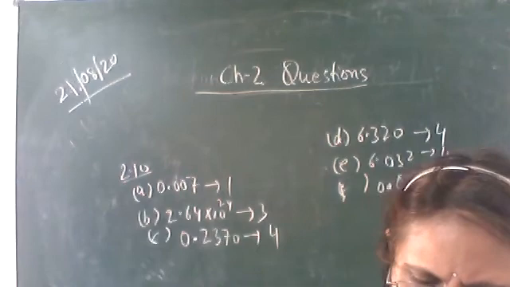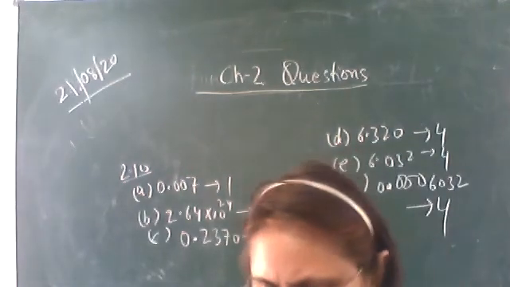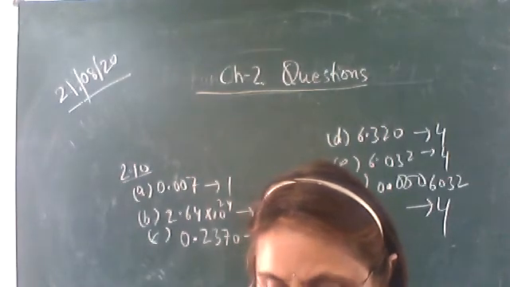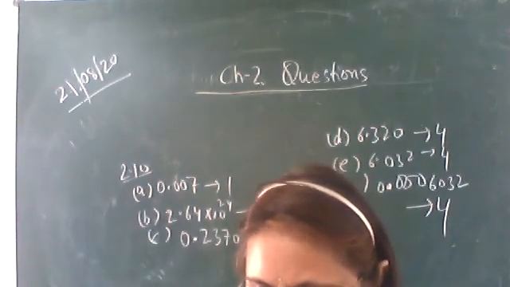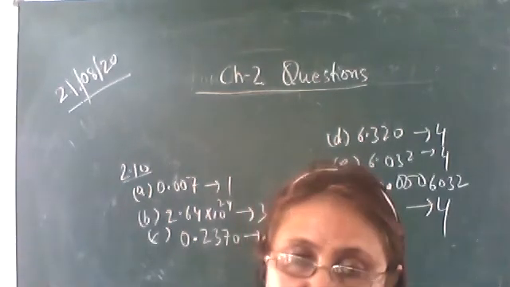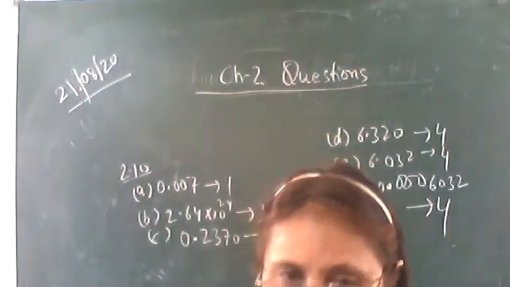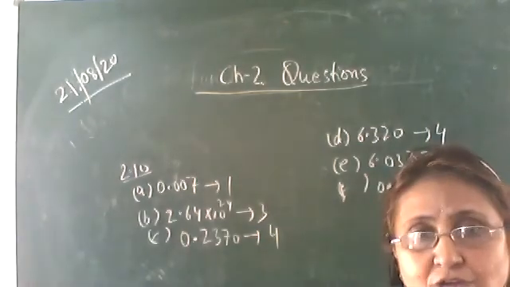The length, breadth and thickness of a rectangular sheet of metal are 4.234 meter, 1.005 meter and 2.01 centimeters respectively. You have to find out the area and the volume of the sheet. Area is length into breadth. You will multiply length and breadth and you can find out the area.